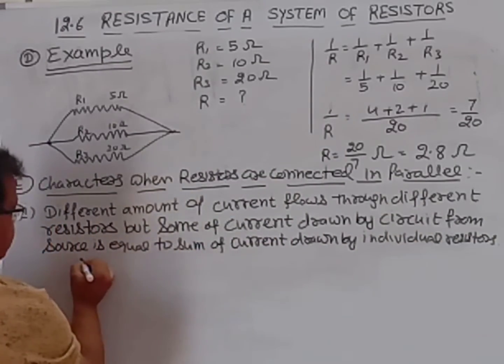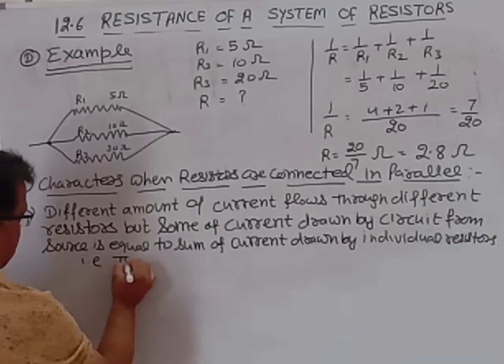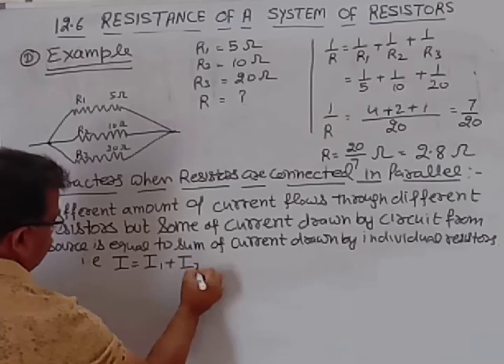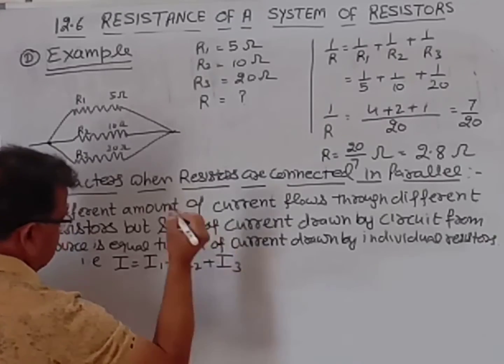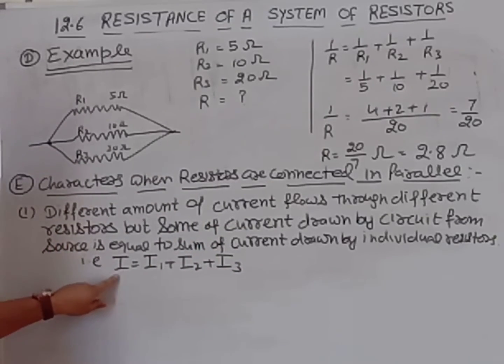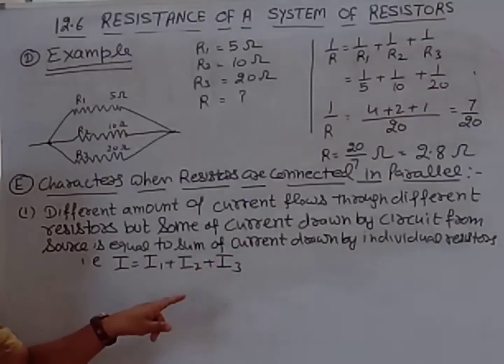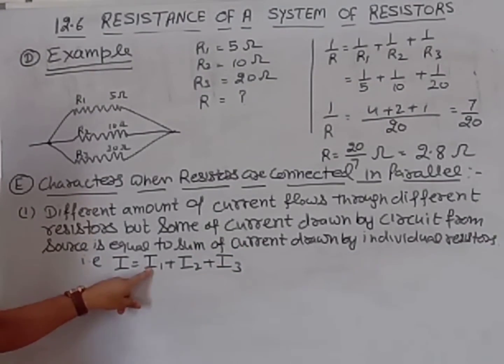That is, I is equal to I1 plus I2 plus I3, where I is the current of the whole circuit, or current drawn by the whole circuit, and I1, I2, I3, etc. are the currents of the individual resistances.